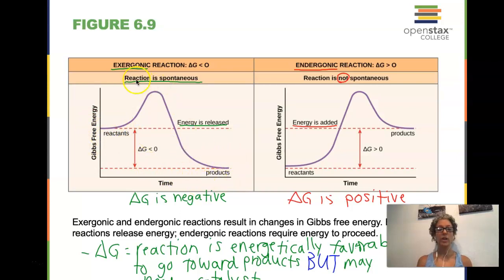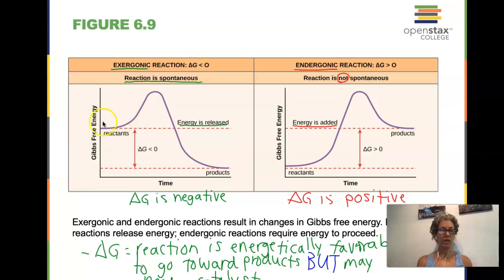On the left is an exergonic reaction. The reaction is spontaneous, and our change in the Gibbs free energy is less than 0. It is a negative number. This triangle is the Greek symbol delta, and it is used to represent a change in. So delta G is the change in the Gibbs free energy.